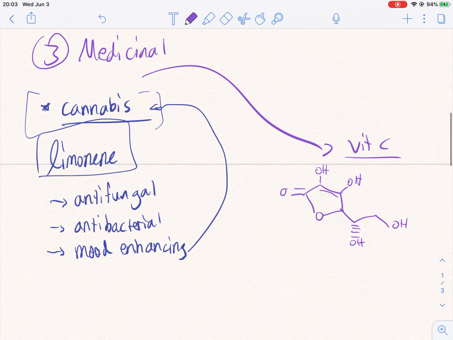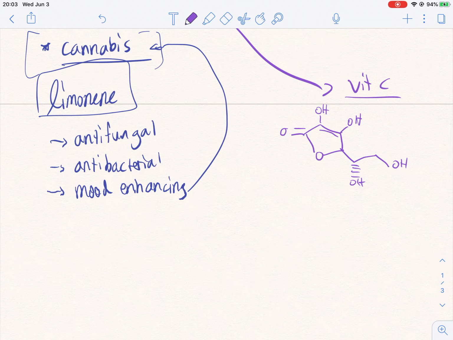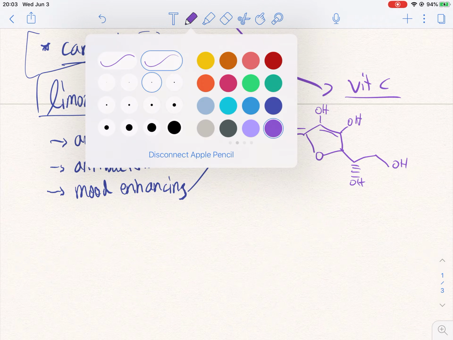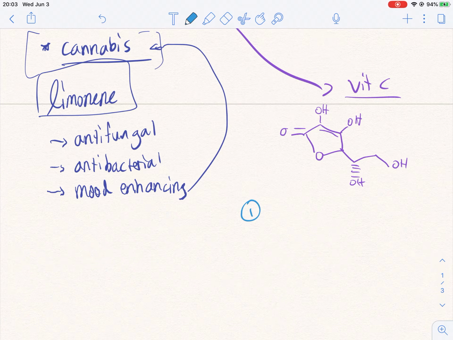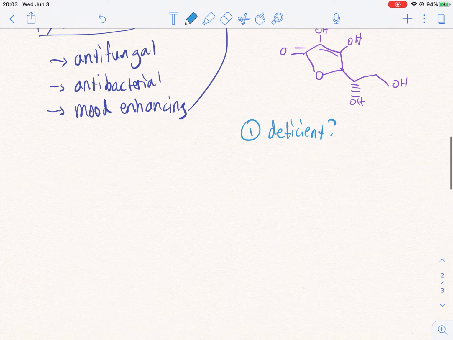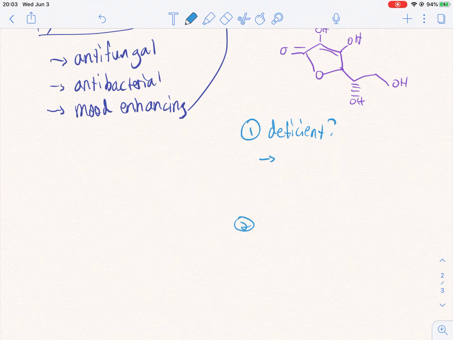So we know vitamin C is in lemons and a lot of citrus fruits. I want to talk about two things with vitamin C. One, what happens when you are deficient in vitamin C? And then two, what does it do in the body?